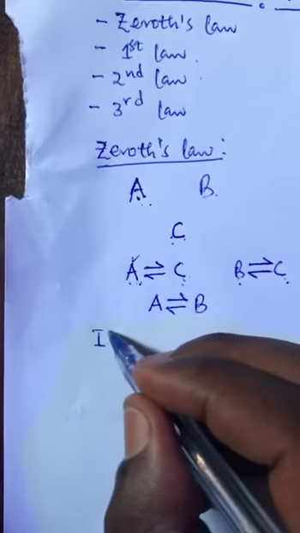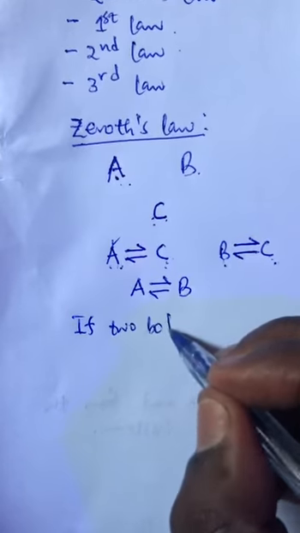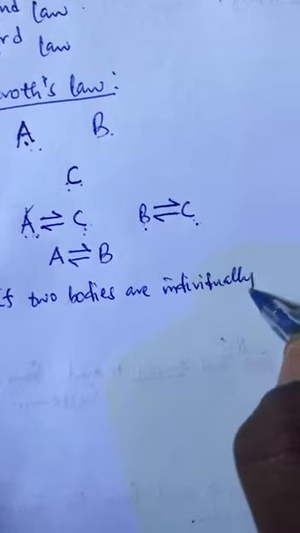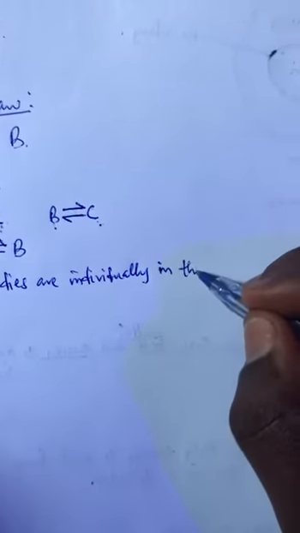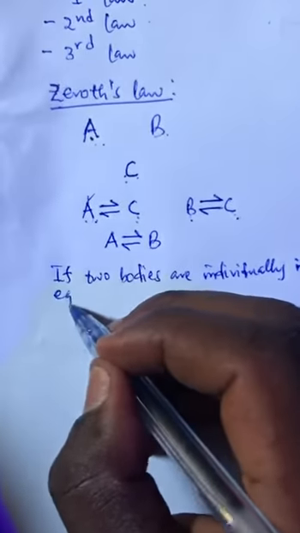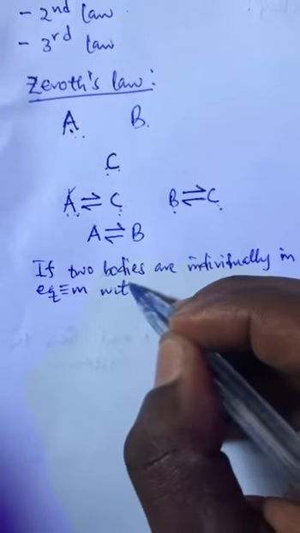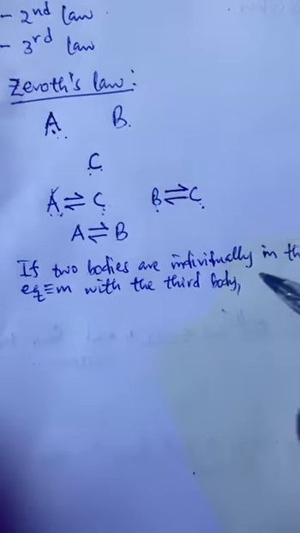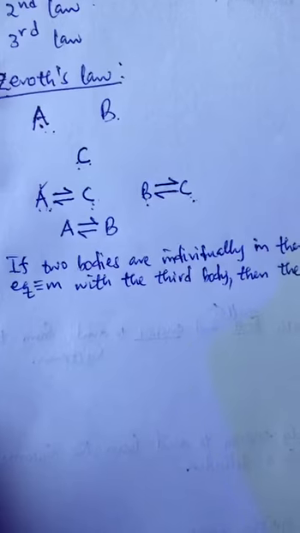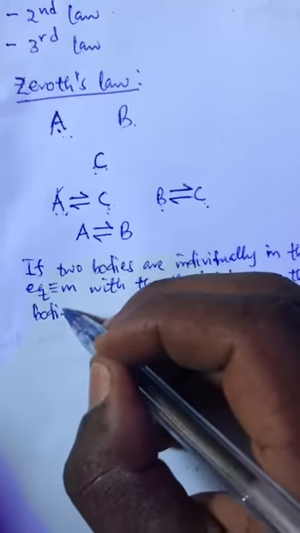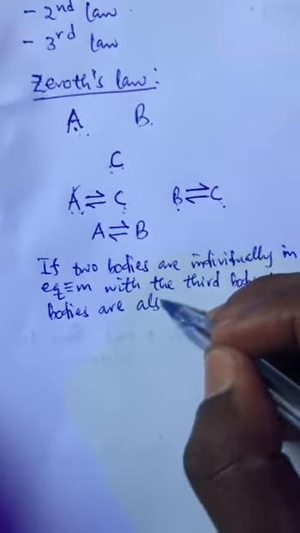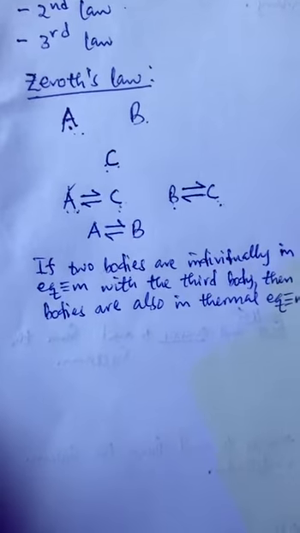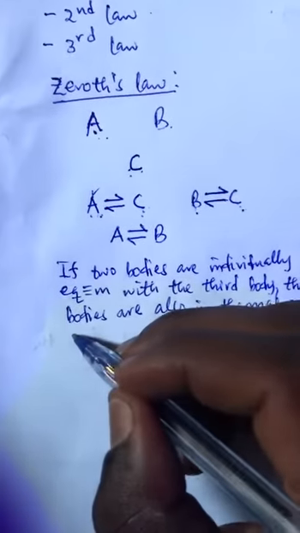if two bodies are individually in thermal equilibrium with the third body, then the two bodies are also in thermal equilibrium with each other.